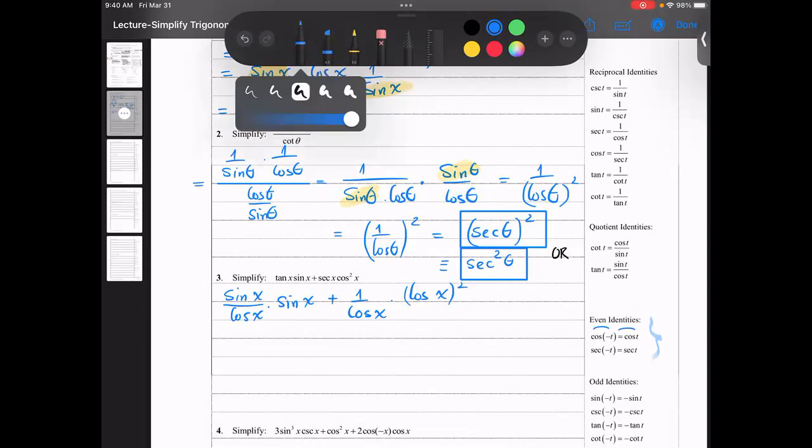Now, you might be tempted to cancel this one with this one. It's fine, go ahead and do that. I want you to get it wrong, but then you're stuck, right? You cancel, and then you're stuck. What I'm going to do instead is, I see the common denominator, so I'm going to add the tops together.